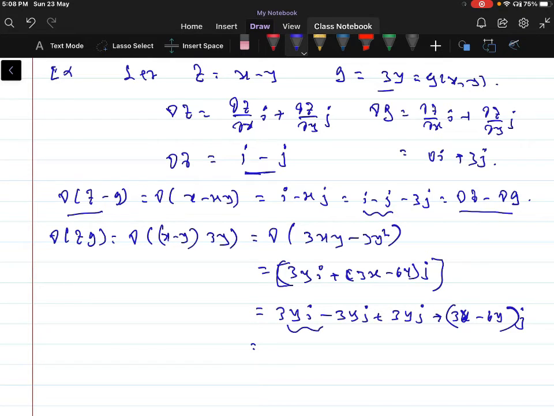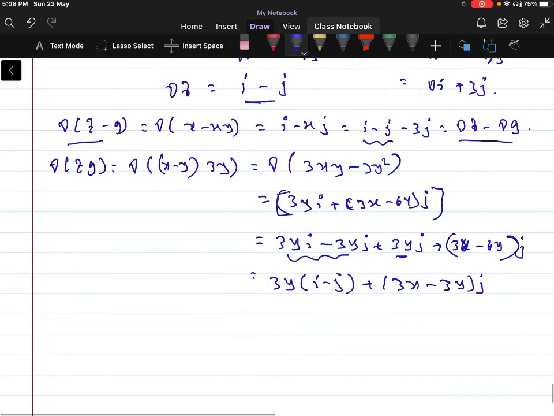So this can be written as, if I take 3y common, I minus j cap, 3y into j cap minus 6y into j cap, so that can be written as 3x minus 3y into j cap. So this can be written as 3y into I minus j plus, here if I take 3 common, x minus y into j cap.